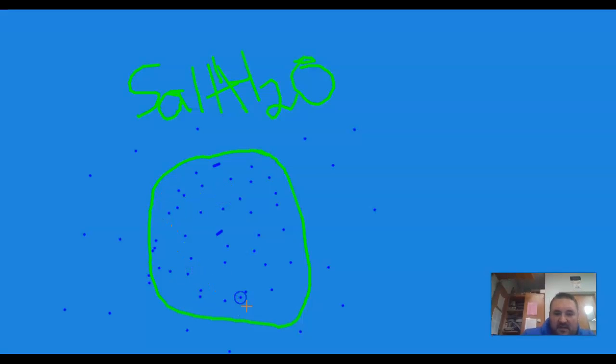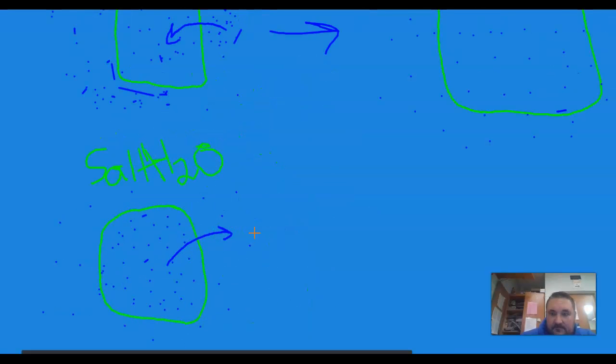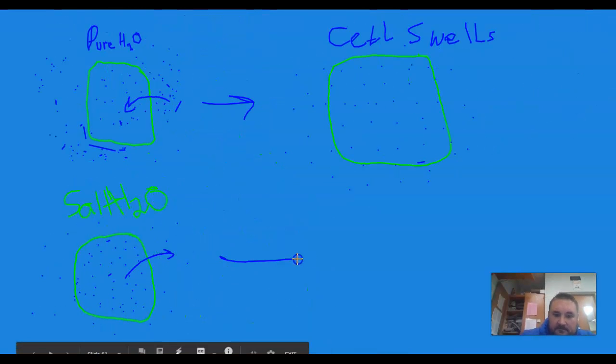So if I have a high concentration of water on the inside of the cell, water will move from the inside to the outside. And actually, the cell will shrink and become all wrinkly.